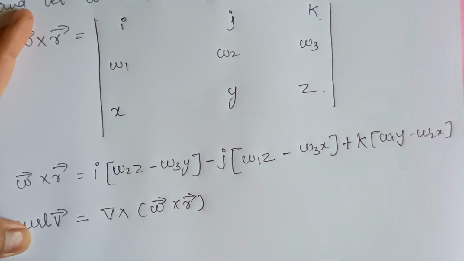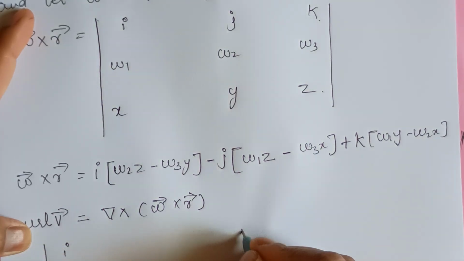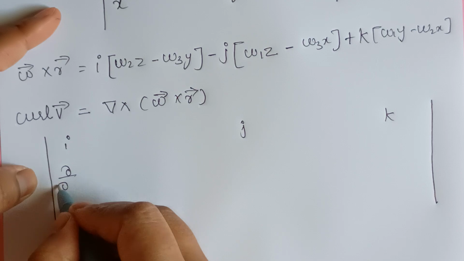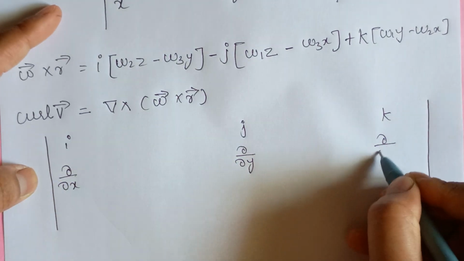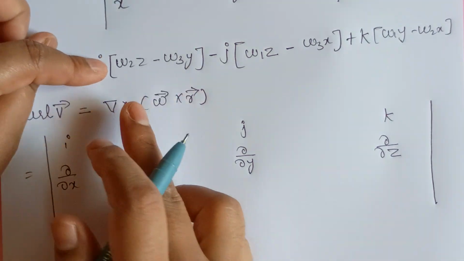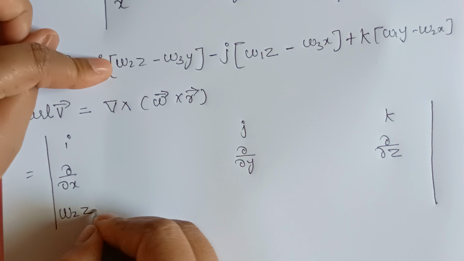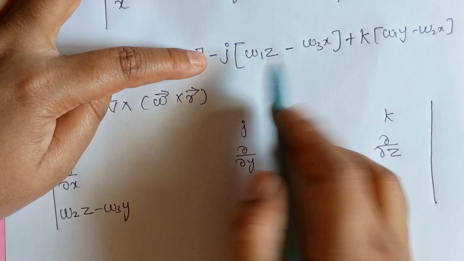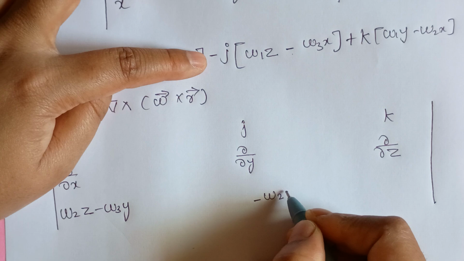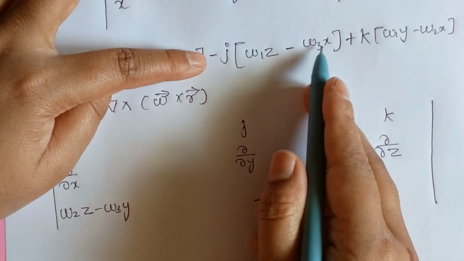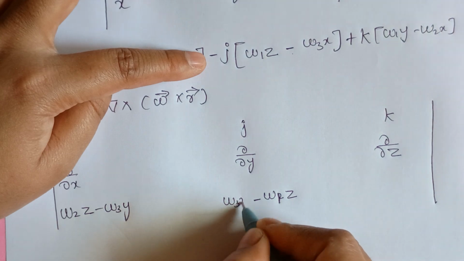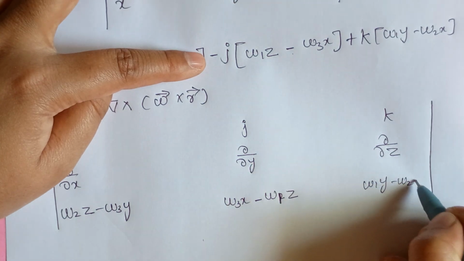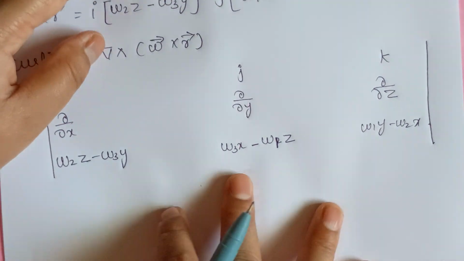So I can write this as the determinant with i, j, k; dou by dou x, dou by dou y, dou by dou z; and then the components: w2z minus w3y, then w3x minus w1z, since minus into minus is plus, and w1y minus w2x. I hope it is clear till now.